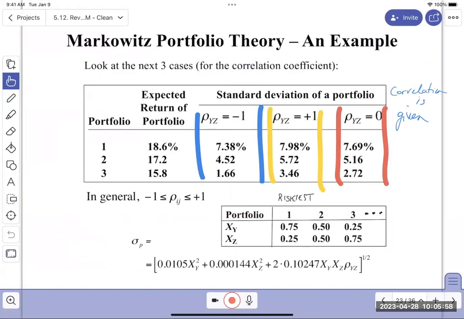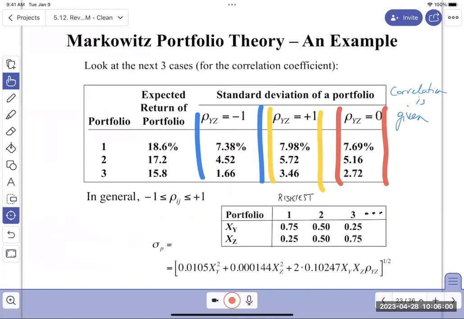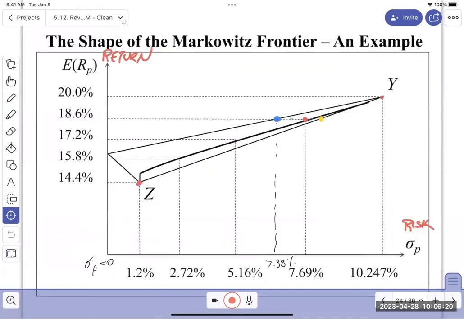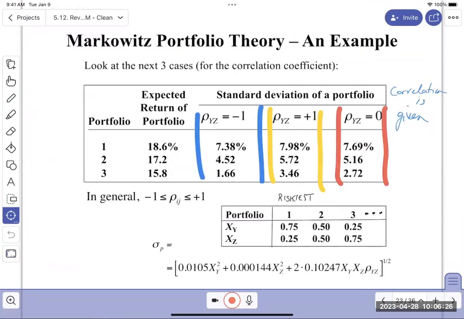I mean, it really should go up there, but it doesn't fit up there. So the calculation for standard deviation depends on what this is. This is for -1, this is for +1 correlation, and this is for no correlation. So this one was 7.38, this one's 7.69, and this one is 7.98. This is going to be the highest risk.